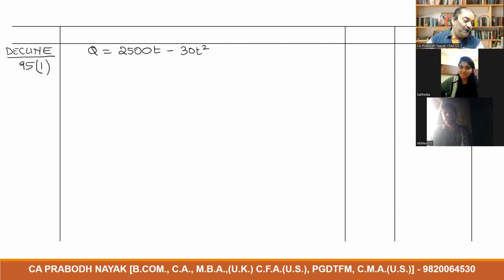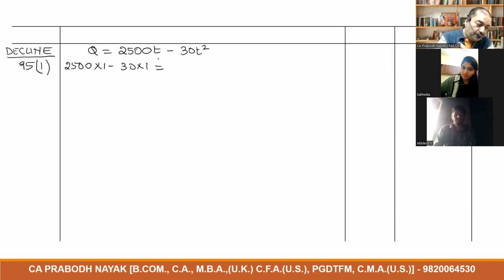Okay. So 2500 into 1 minus 30 into 1. How much is that? 2,470.